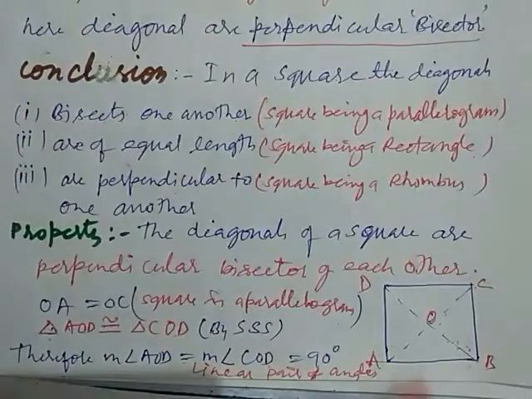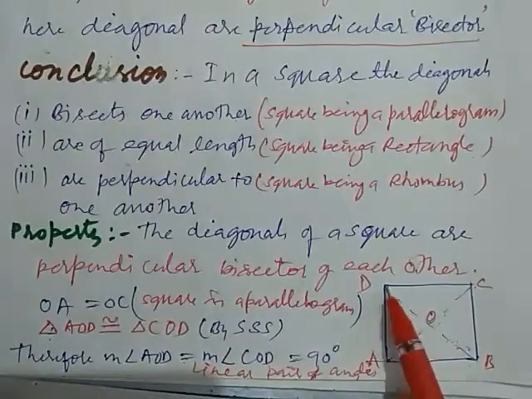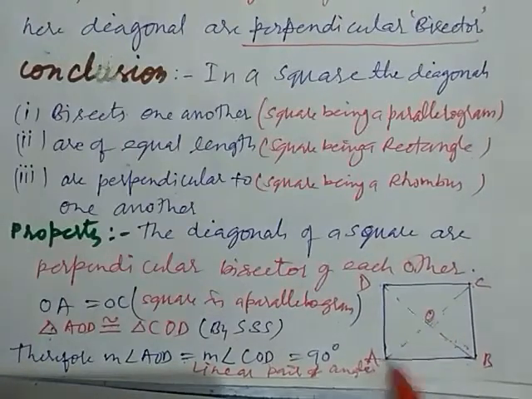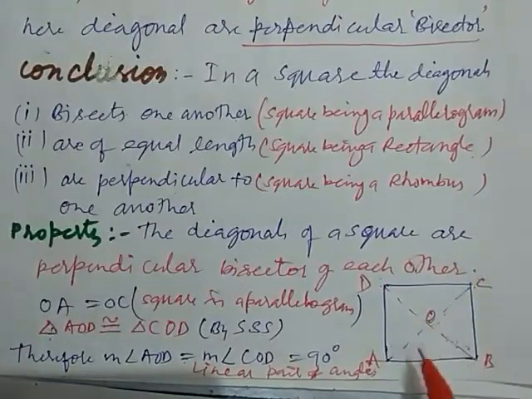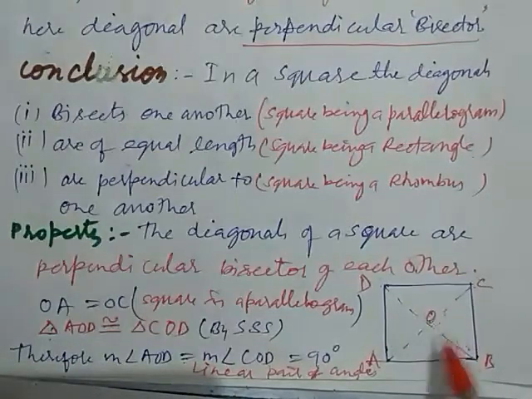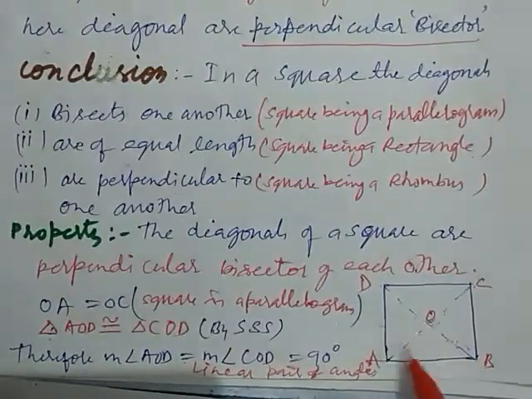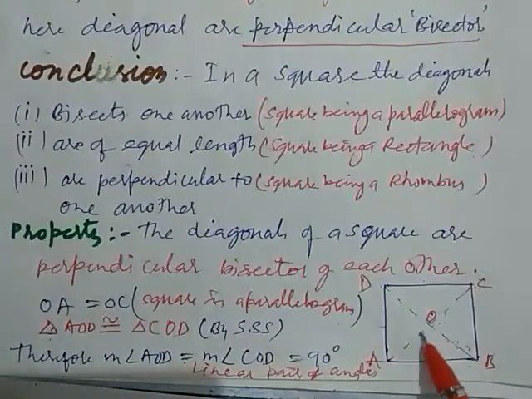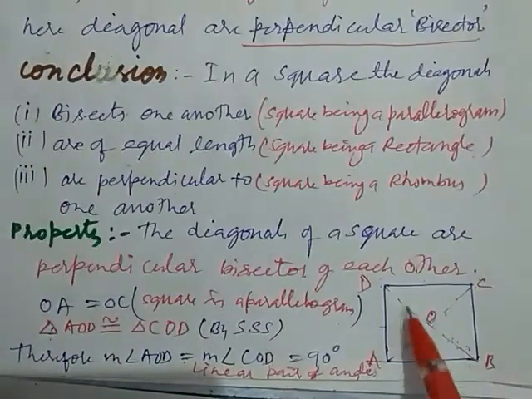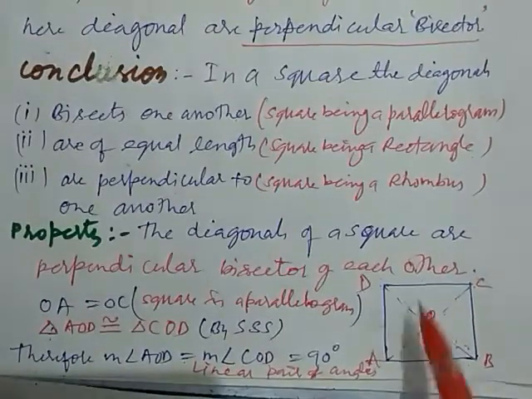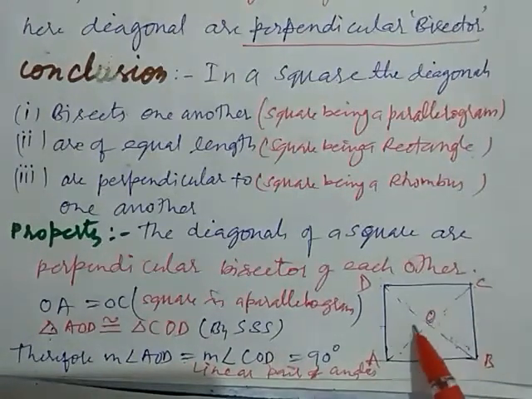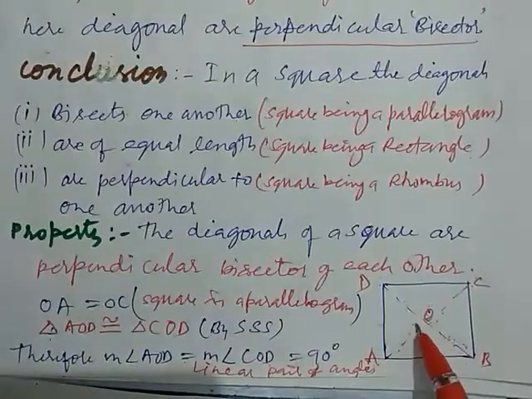Triangle AOD equals triangle COD. These both triangles are equal because this side equals this side. Okay, and this side equals this side, as well as this side equals this side. So these two sides are also equal. These two angles automatically become 90 degrees.